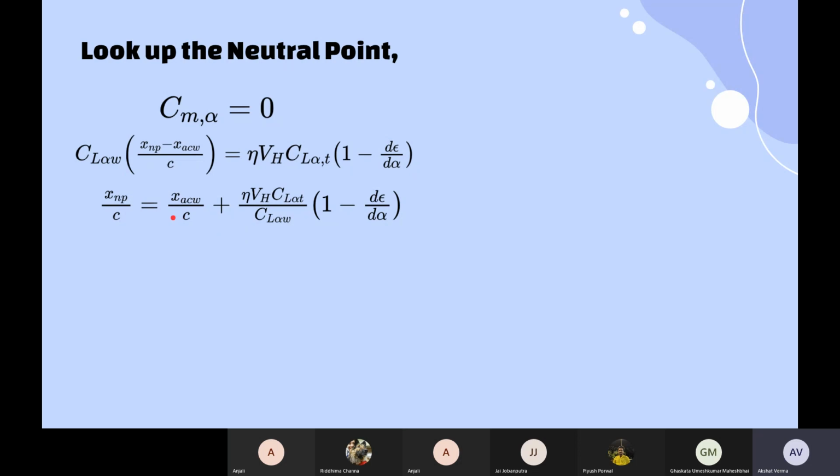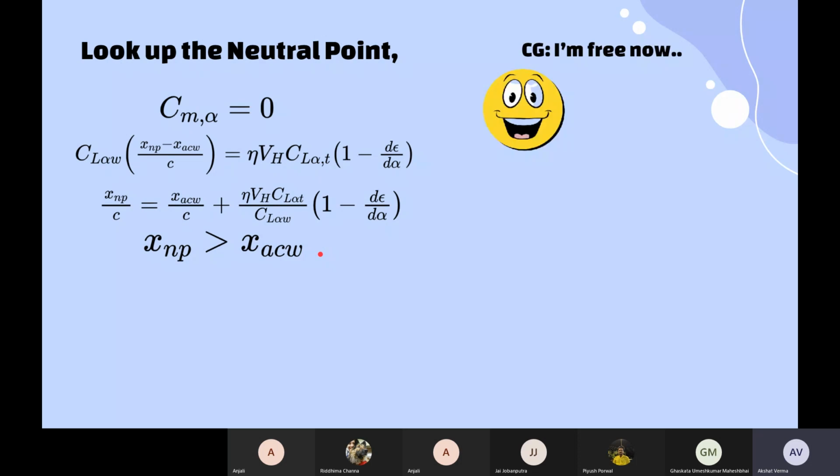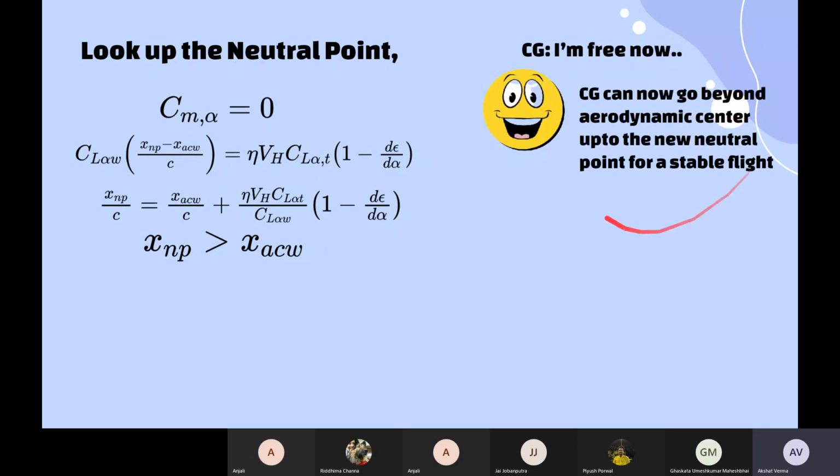That is a positive quantity, and the neutral point is the aerodynamic center plus something. So basically your aerodynamic center is now ahead of the neutral point. That means the neutral point has shifted behind the aerodynamic center. So your CG is happy now, like it says I'm free now. Why is it free? CG can now go beyond the aerodynamic center up to the new neutral point for a stable flight.